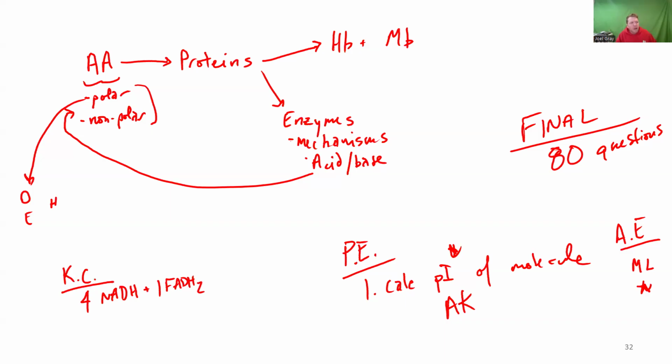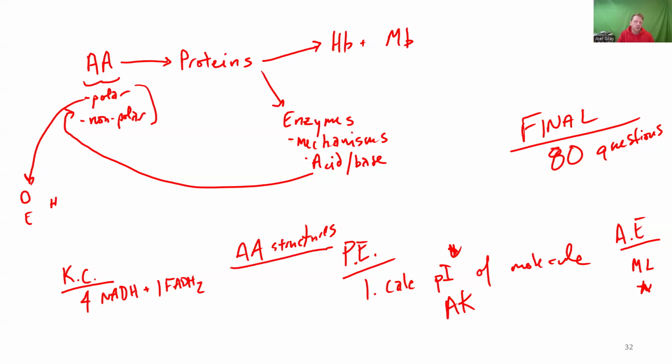What about amino acid structures of important ones? I want you to know all 20 of the proteinogenic amino acid structures. Now, with that in mind, what I would try to do, and this is something I've tried to say when we first talked about amino acids, is I'll say AA structures.